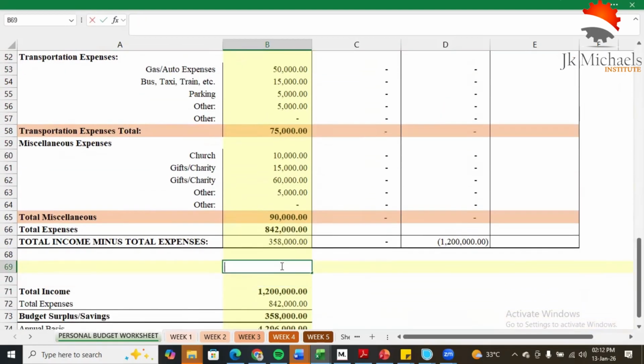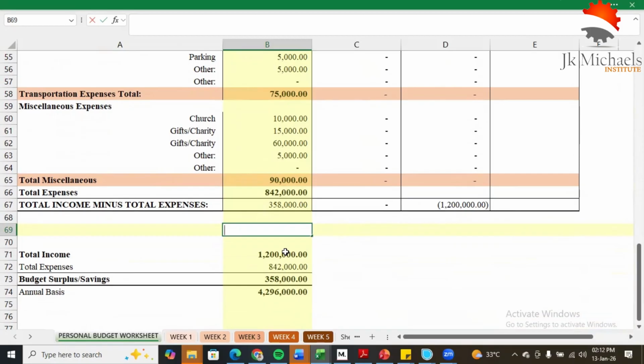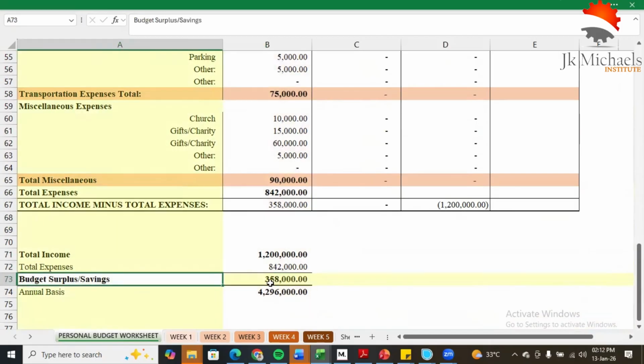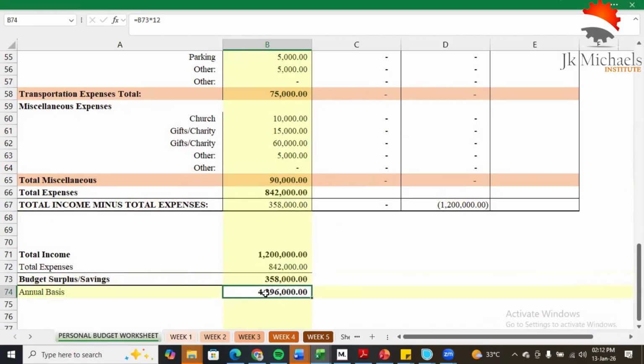So this is our planned income, and this is our planned expense, which is 842. We subtract it, and then our budget or saving will be 358,000, which is this, right? Now, when we multiply this by 12, we get how much we expect to save in a year. So this is our planning.